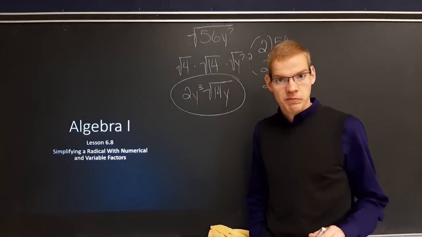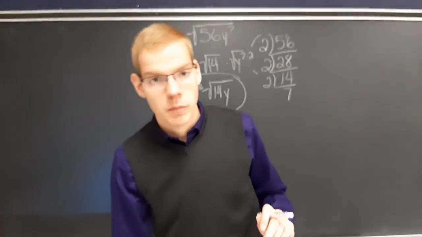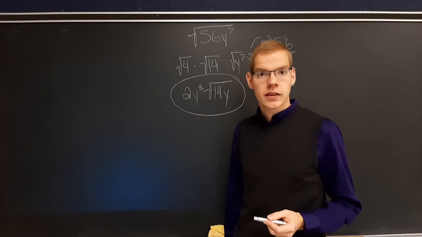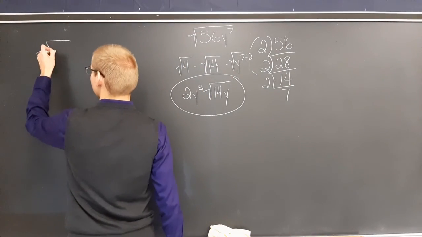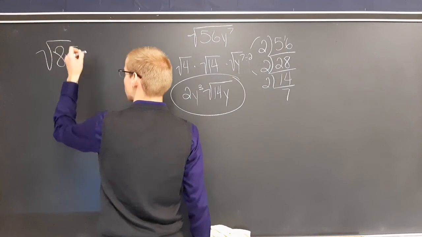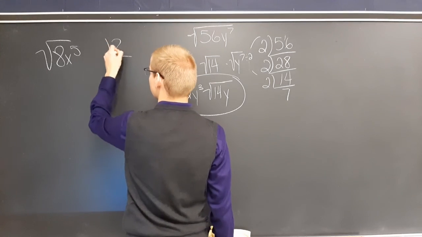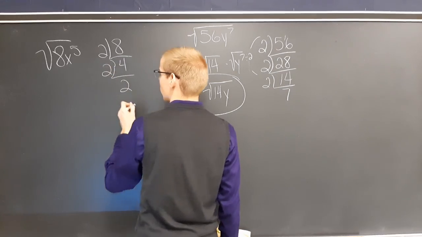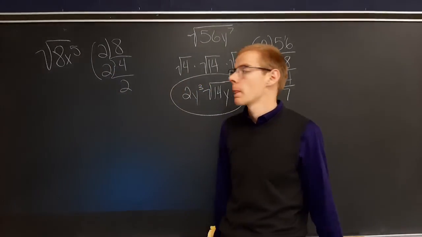Pretty simple, I think. Let's go on and do one of the actual numbers, the ones that we have to figure out. The square root of 8x to the power of 5. So do the upside down division. So square root. There's 2 the same ones.